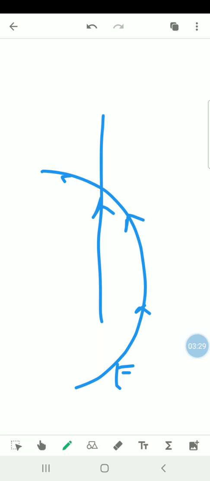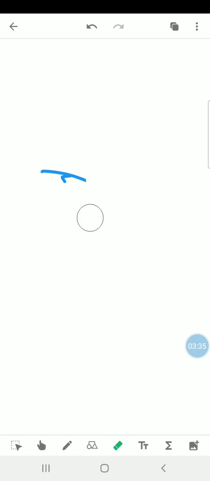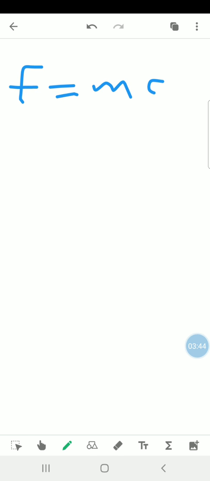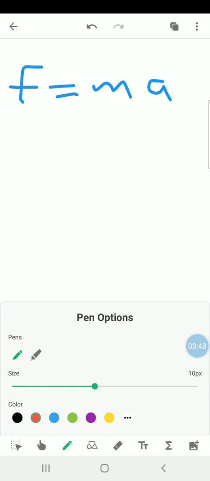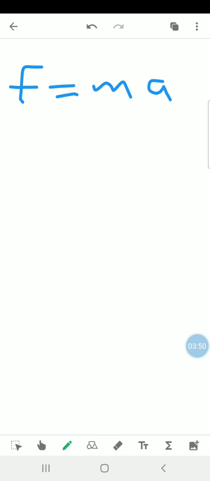If there is a force, there has to be an acceleration, because F is equal to ma according to Newton's law. Right?